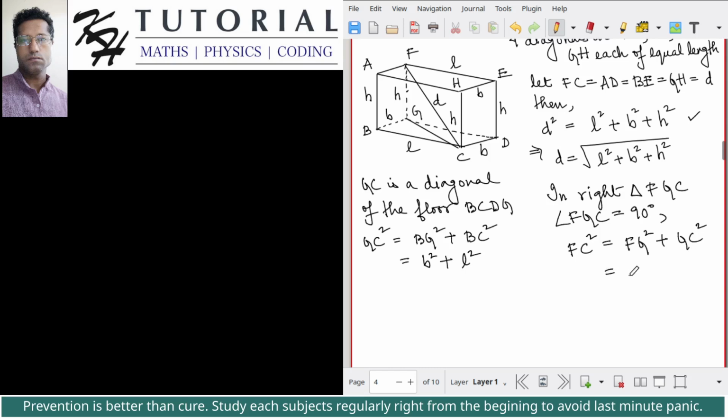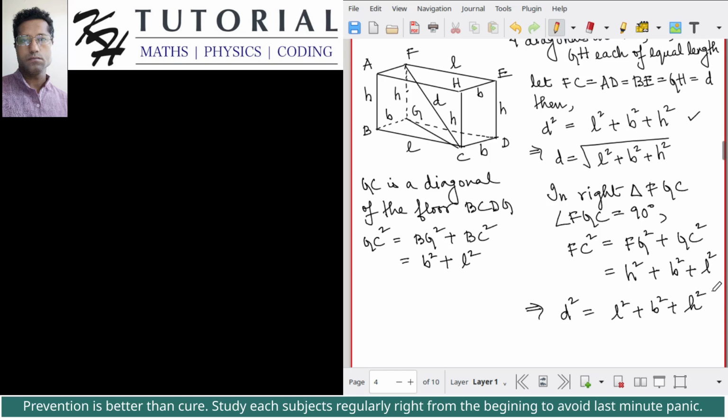Okay. Now what is FG? FG is the height of the room. So this is H square, and we have already seen that GC square is equal to B square plus L square. So this implies we have FC, which is nothing but the diagonal of the room. So small d square is equal to L square plus B square plus H square.